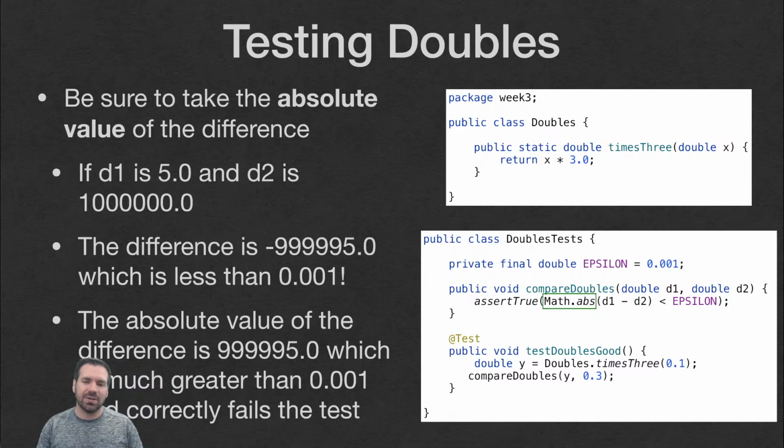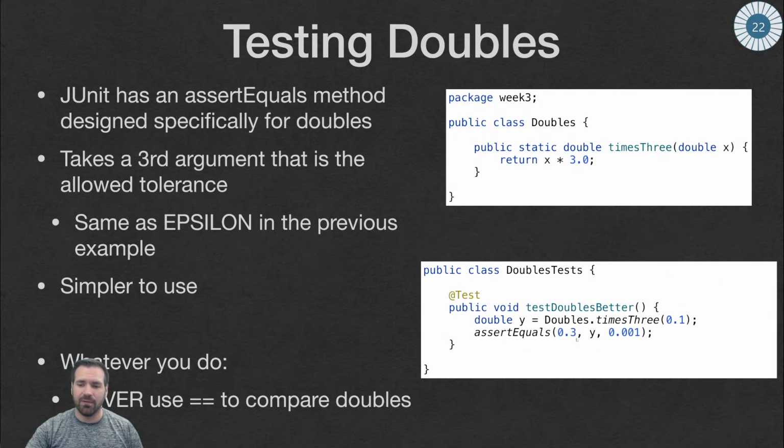And in that conditional, you're going to have to do this logic, math absolute value, the difference less than some allowable tolerance, or else your truncation errors are going to cause bugs in your code itself. Here we're preventing it from causing bugs in our tests, but we also don't want bugs in our code either. So in our code, if you ever need to test two doubles for equality, don't use equal equal. Check the absolute value of the difference being less than some allowable tolerance.